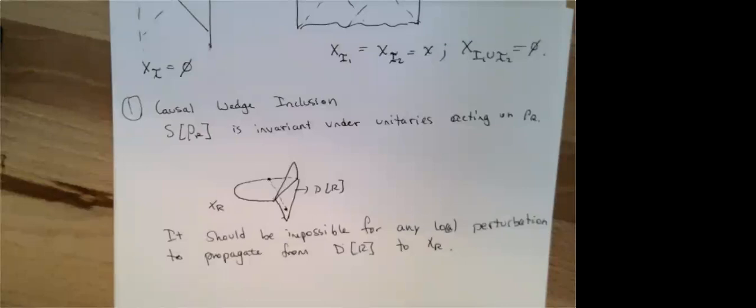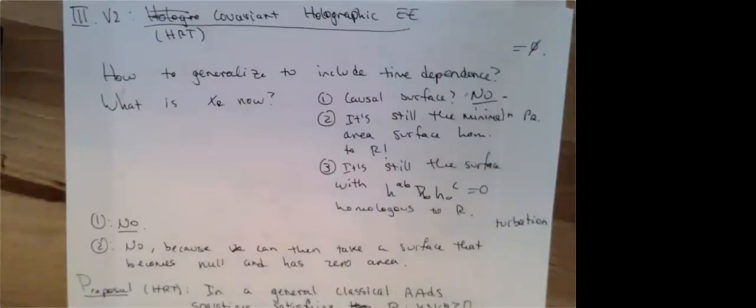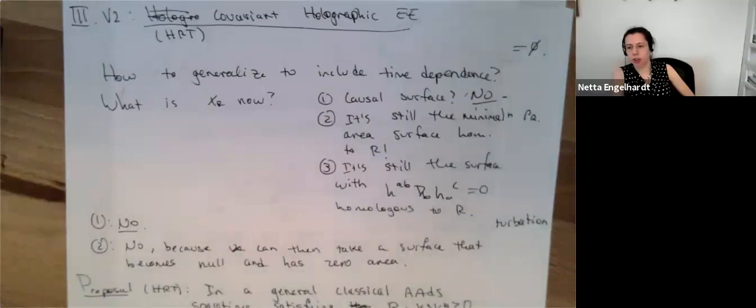And in section 3, where you were looking at scenario 2, where you wanted to look at the covariant holographic entanglement entropy, you said that you could boost the extremal surface and it would eventually be null. But doesn't that rely on the geometry having a Lorentz signature?